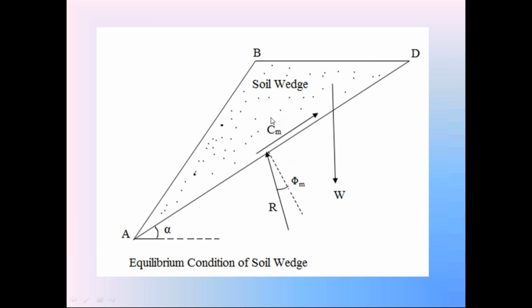So here this Cm, the mobilized cohesion force, is the force applied by the failure surface AD on the soil wedge. It is acting in the upward direction parallel to the surface AD. So we know the direction of Cm, but we don't know the magnitude of this Cm force. Magnitude is unknown, only the direction is known.